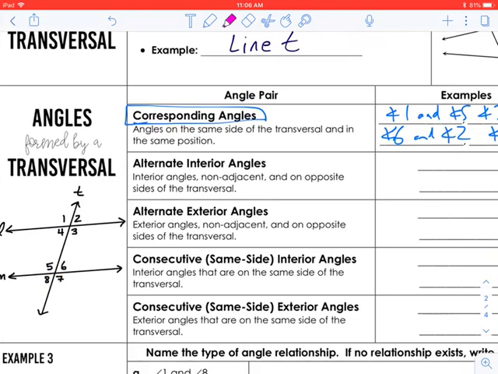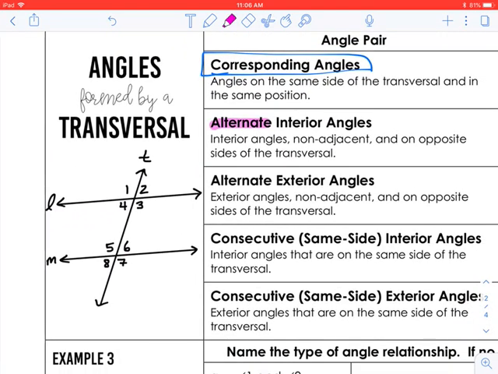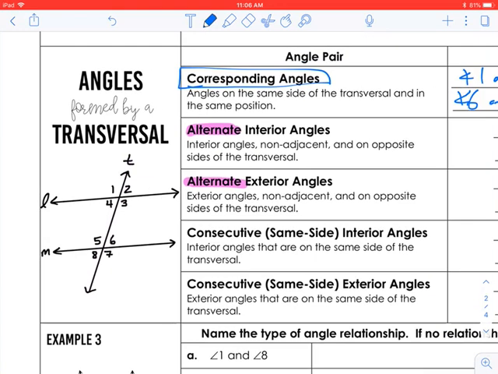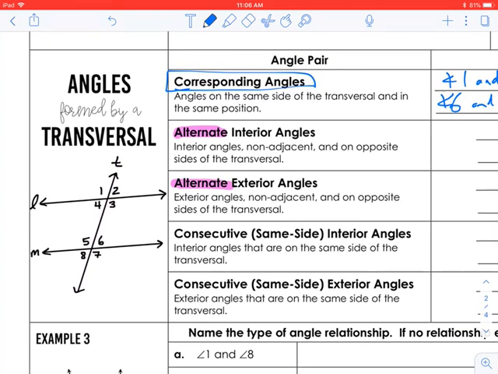Same position. And then when it says alternate, that means opposite sides of the transversal. So again, our transversal here is T, so you've got to keep that in mind. But the alternate interior means they're inside of the 2 other lines, in this case L and M, and they're alternate.